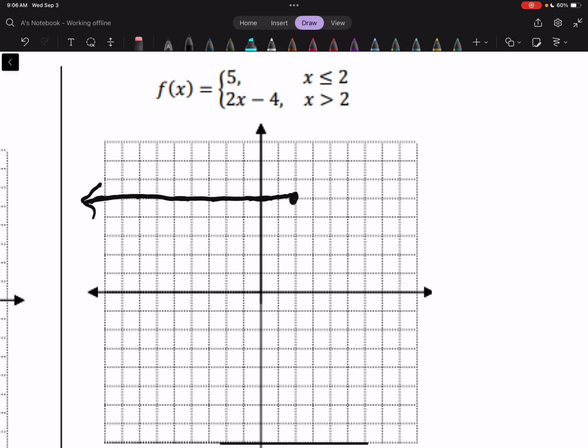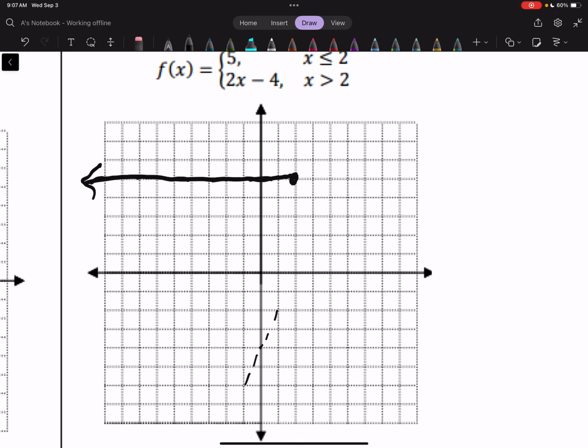2x minus 4, same thing. Here is my function. And it says I want this on the right side of 2.